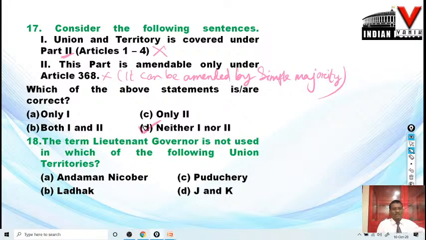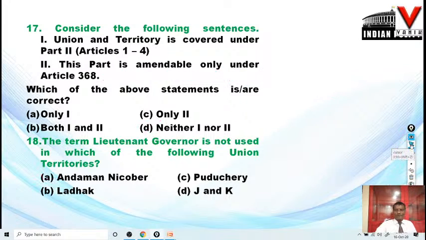The term lieutenant governor is not used in... Yes, you can answer. Anyone can answer the question? The answer is A.